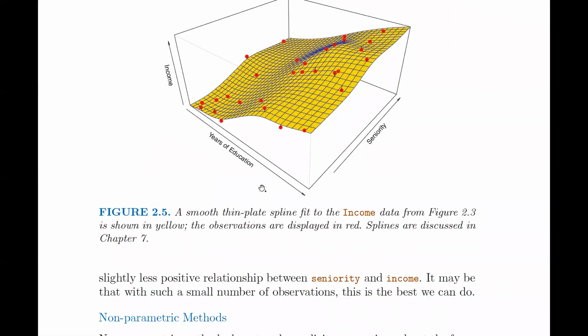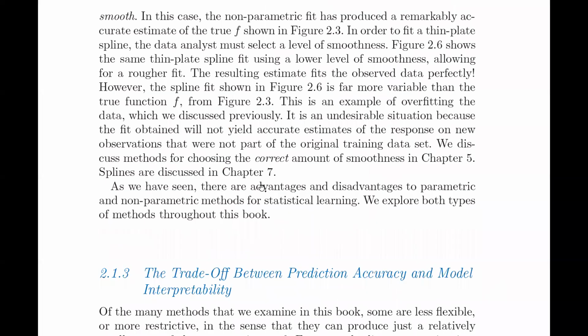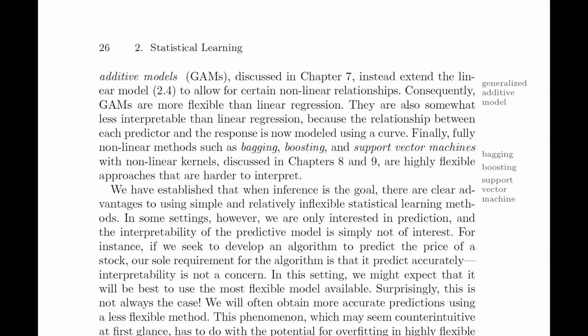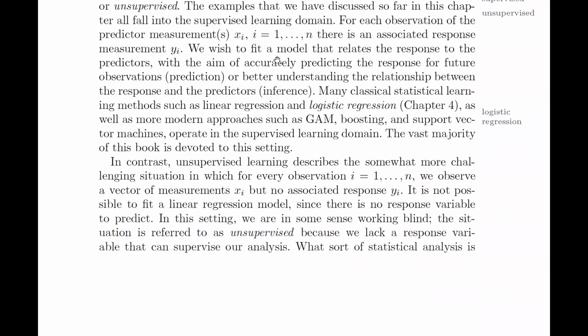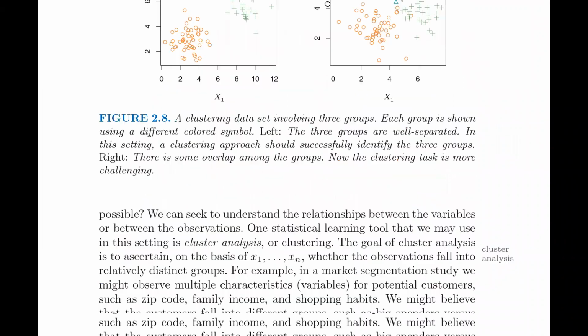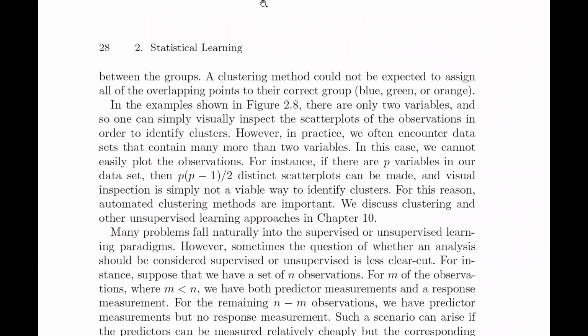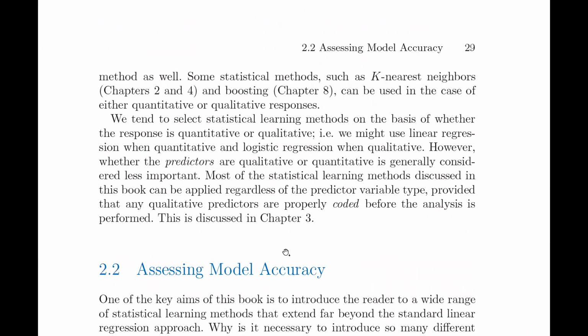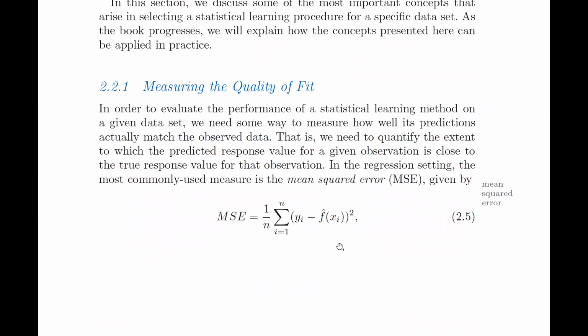Now, how do we judge a model? How do we rate a model? Well, there's this measurement that we're going to refer to as the mean squared error. That's taking those differences between actual and prediction.